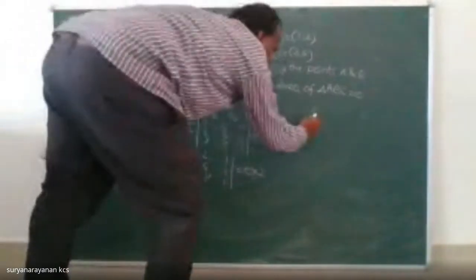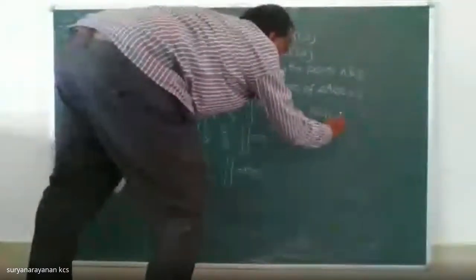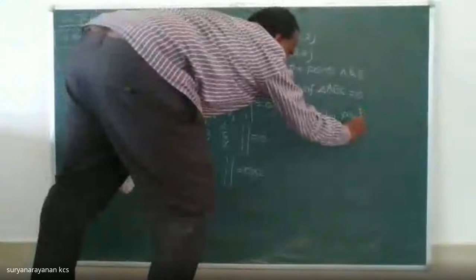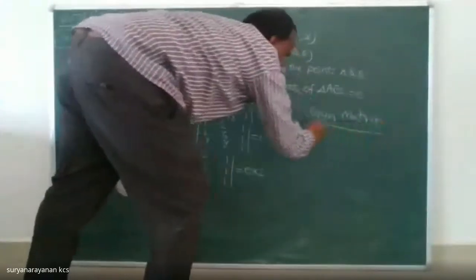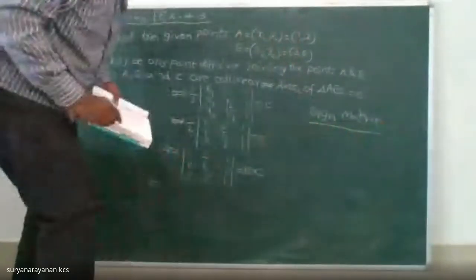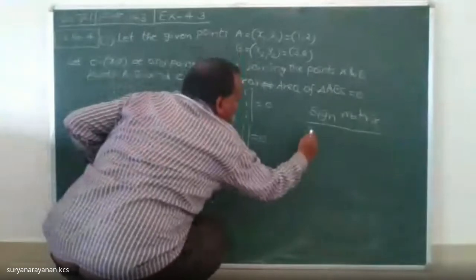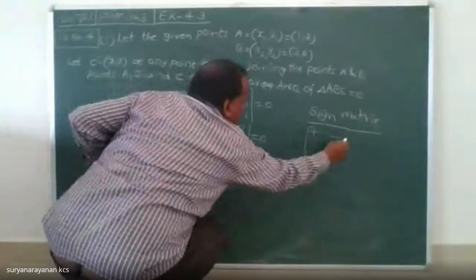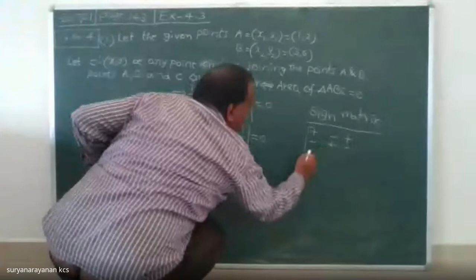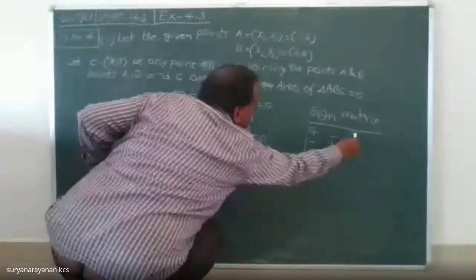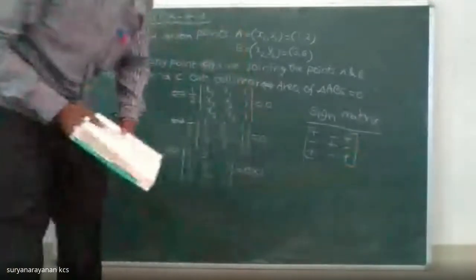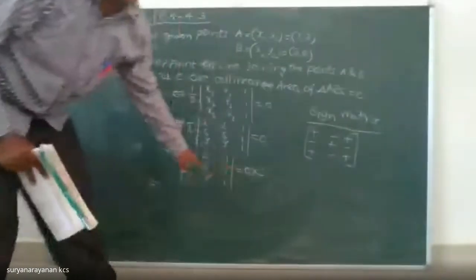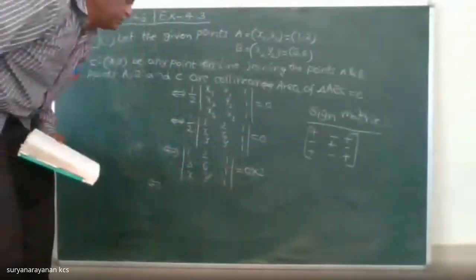So the sign matrix. What is the sign matrix? It is important. The sign matrix is plus, minus, plus; minus, plus, minus; plus, minus, plus. This is an important matrix to expand the determinant.